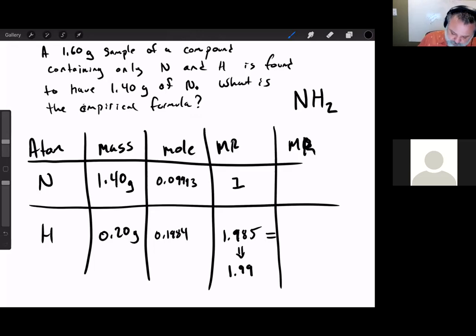I'd say 1.03 on the high end and 0.97 on the low end. That's probably the largest range that you would see for something to equal 1. Okay.